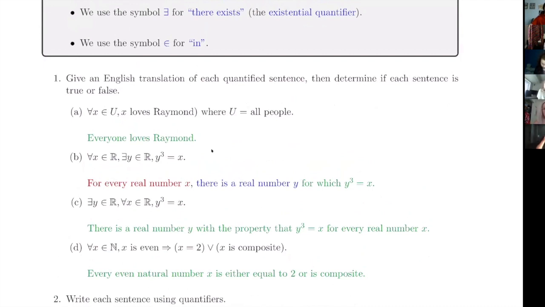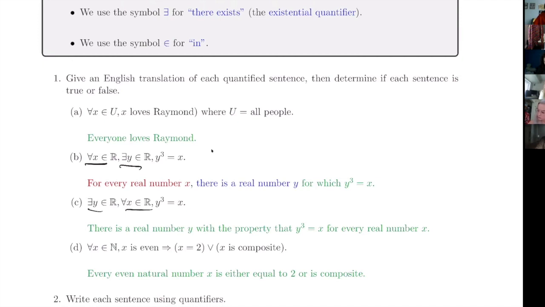I have a question on B and C. If the first two parts are just flipped, why don't the sentences look the same? When we flip these two things around, we started with this, and then we said there exists, and then we flip them around. When you change the order of things, that oftentimes changes the meaning of the statement.